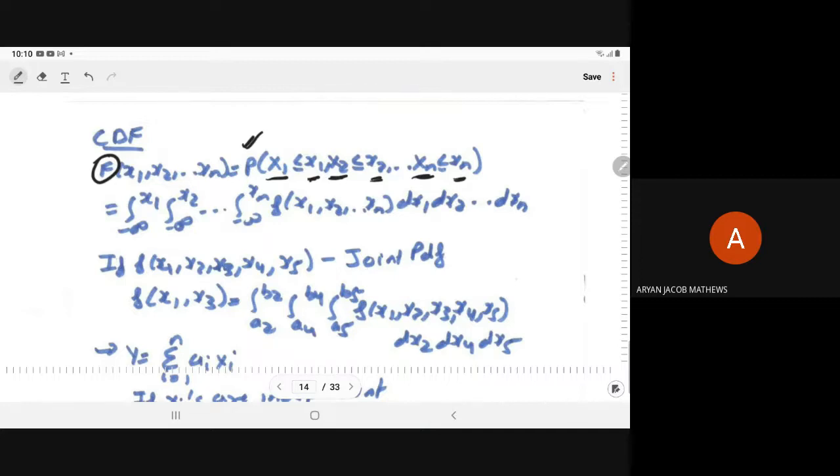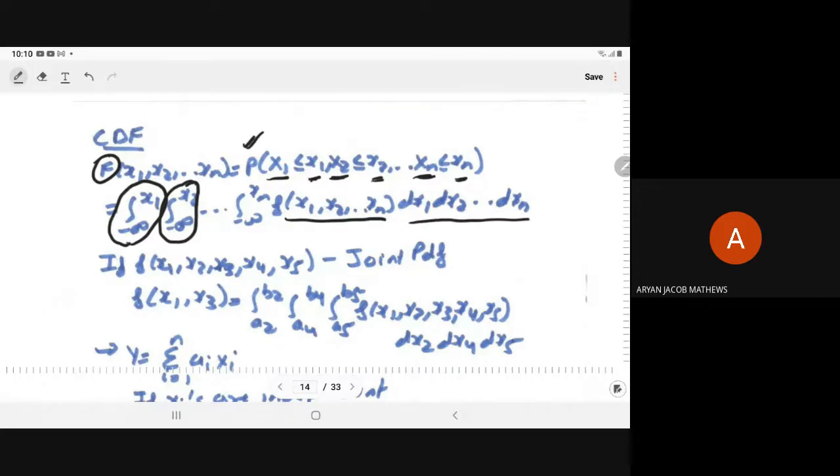This is equal to the accumulation of probability from minus infinity to x1, minus infinity to x2, up to minus infinity to xn of the joint PDF with respect to x1, x2, xn, which will give you the CDF.